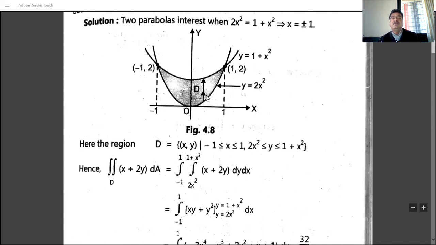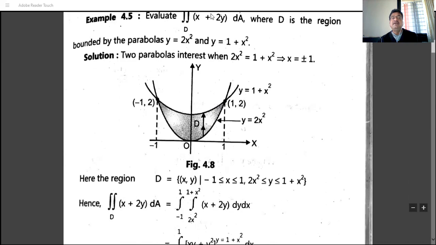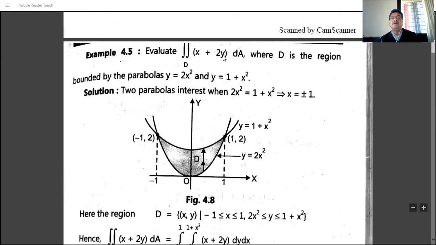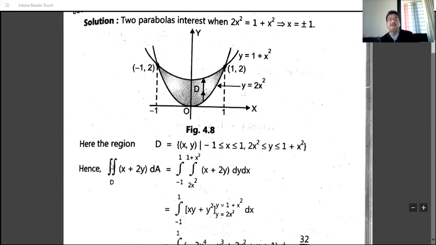And then we find the double integration over R of (x plus 2y) dA. So now we draw this. In order to integrate with respect to y first, draw the strip parallel to the y-axis.